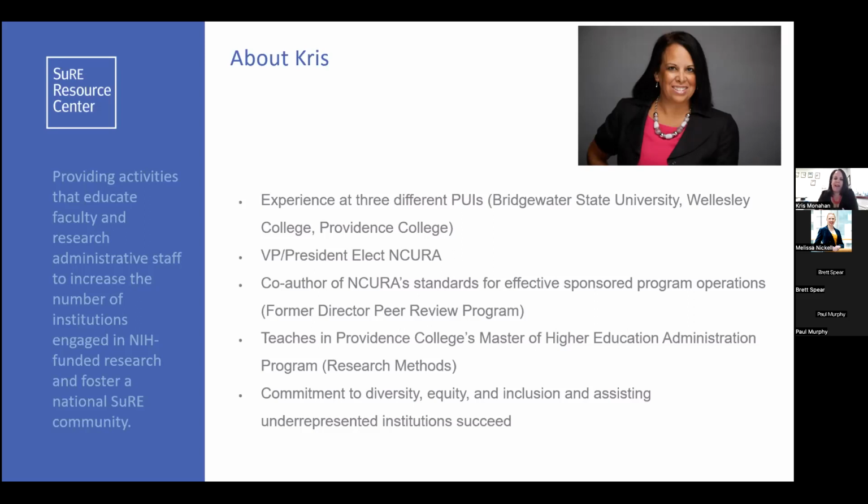One of the roles that I had with NCURA prior to my current role as president-elect is I was the former director of their peer review program, which is a program that goes out and does a peer review against national standards for effective sponsored programs of sponsored program officers across the United States. I focused on smaller institutions, and by smaller, I would say those that are doing under $15 million. That was my primary focus, although I did do reviews at some larger schools as well.